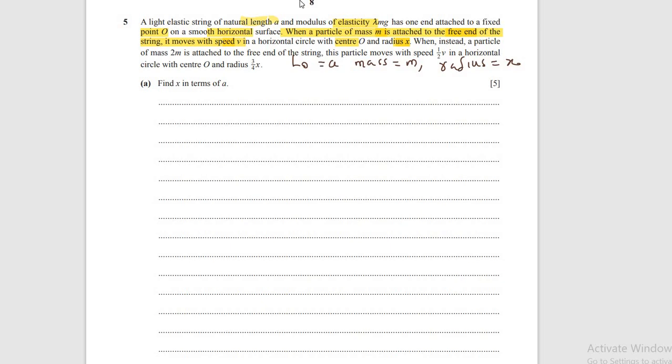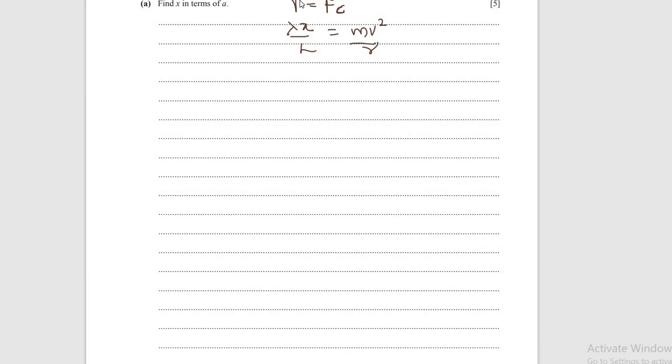Now, the force in the tension will provide the centripetal force. What is tension? From Hooke's law, lambda x over L equal to centripetal force, mv squared over r. What's our modulus of elasticity? It is lambda mg. Extension is the radius minus original length.